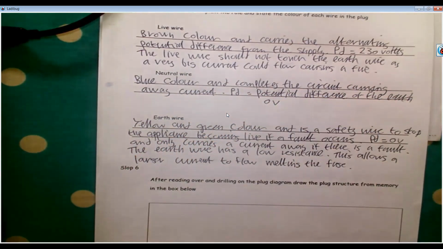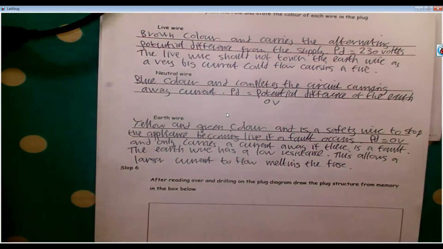So the fuse is attached to the live wire, and when a larger than usual current flows, that causes the fuse, which is a tiny bit of thin wire, to melt and eventually stops any more current coming into the device. So say the live wire becomes loose or there's a fault with the live wire, the earth wire takes over from the neutral wire, and because it's got a lower resistance, more current can flow, and that increased current flowing into the device will melt the fuse. So that's how the earth wire works in terms of safety.